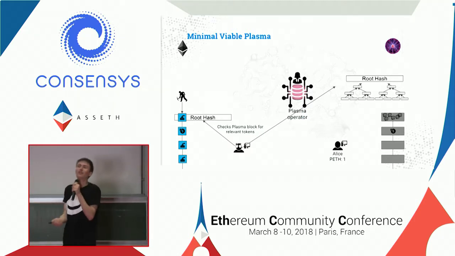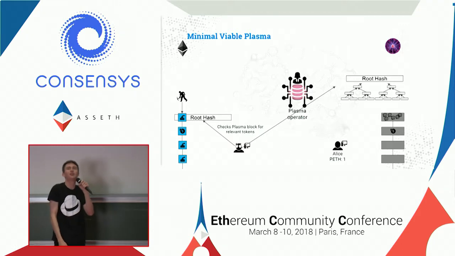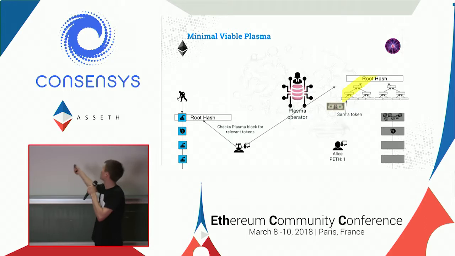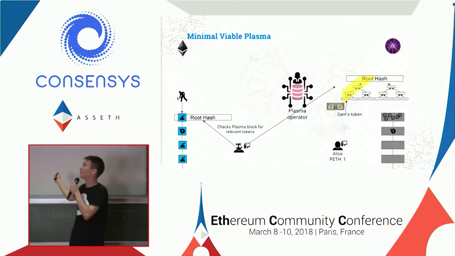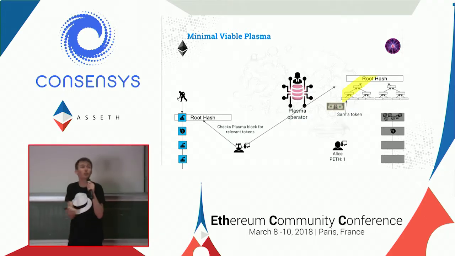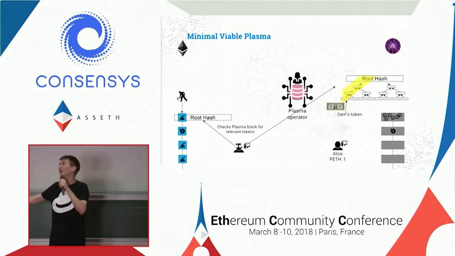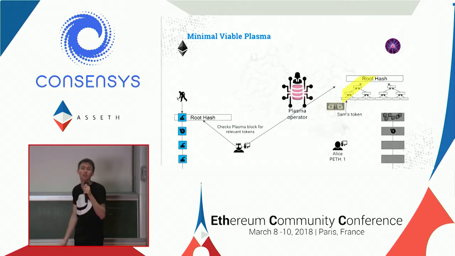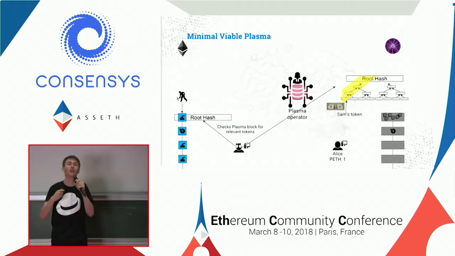And that means that if you hold 10 coins in your wallet, then you're only verifying the branches of the Merkle tree that are related to you. So this Merkle tree can get really huge, right? You can scale up this Plasma operator without actually having to scale up the users' computers for verification as well.